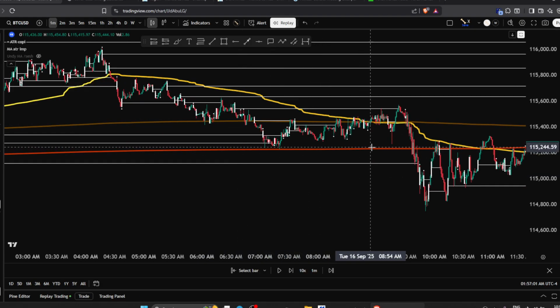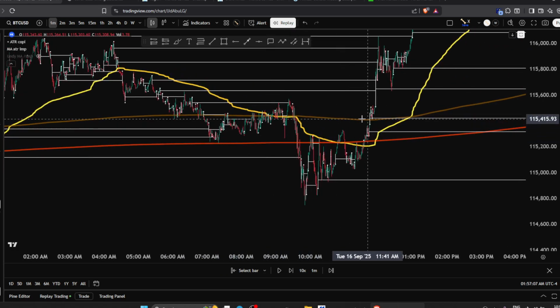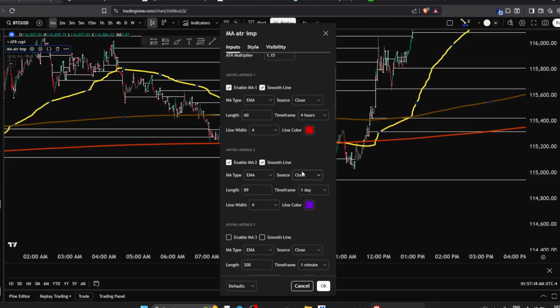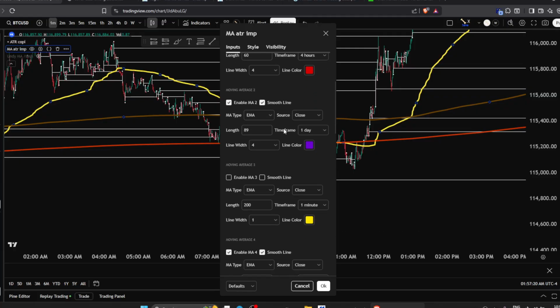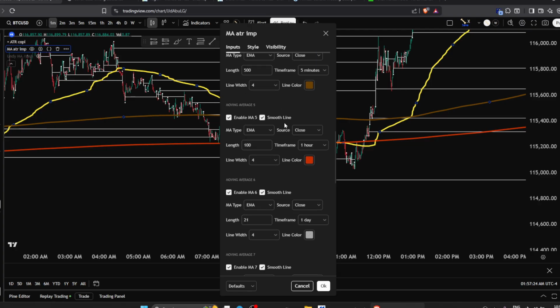You can see there's another red line here. That's another moving average line. And then there's a brown one here, another moving average line. And that's this indicator here, all these different moving average lines. Those are all higher time frame moving averages placed on the 1 minute chart.